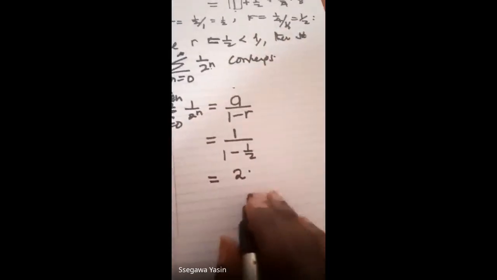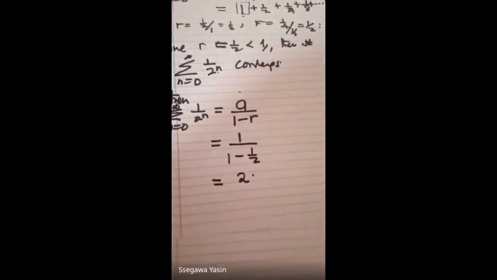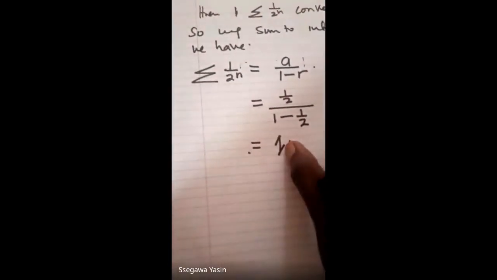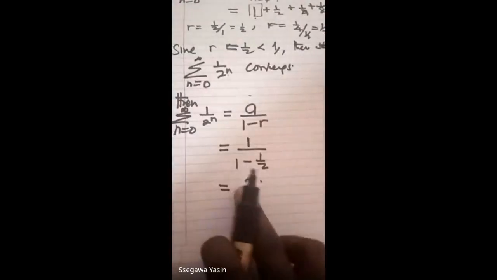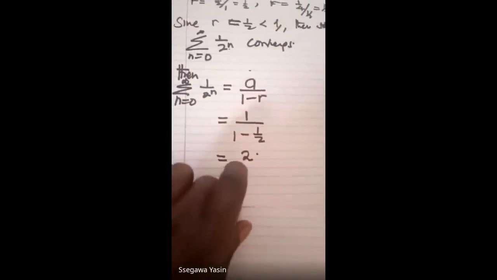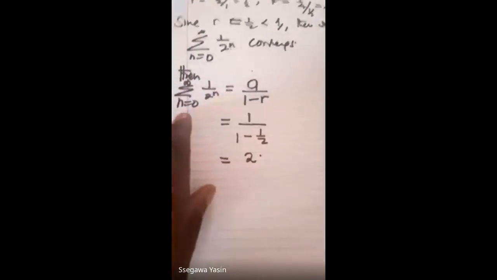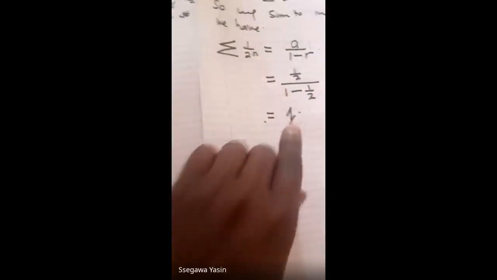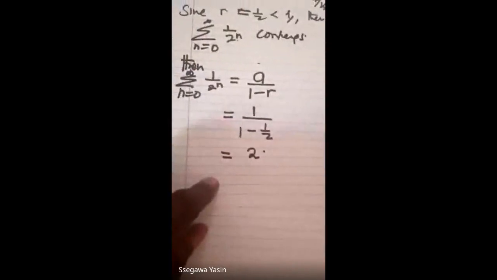Therefore, why is this one 2 but the other one was 1? I'm referring to this answer here. This one is 1, but this one here is 2. The reason behind it is that we have more terms here. Remember, there we dropped n is equal to 0, but here we have added it. So that's the difference.